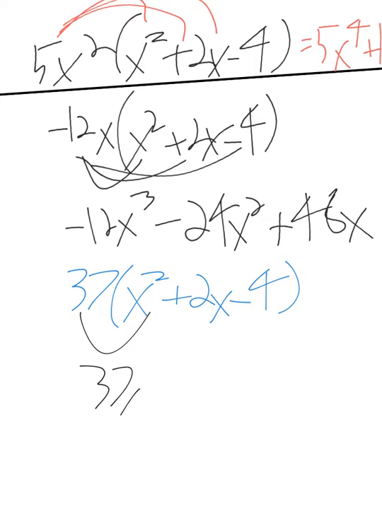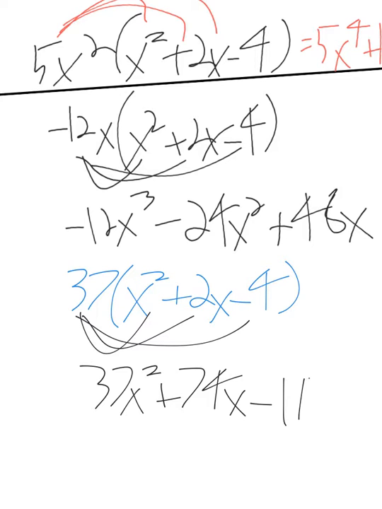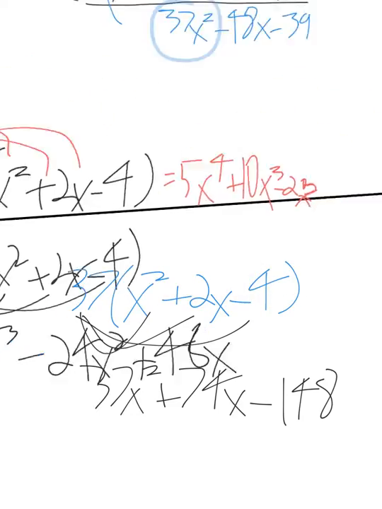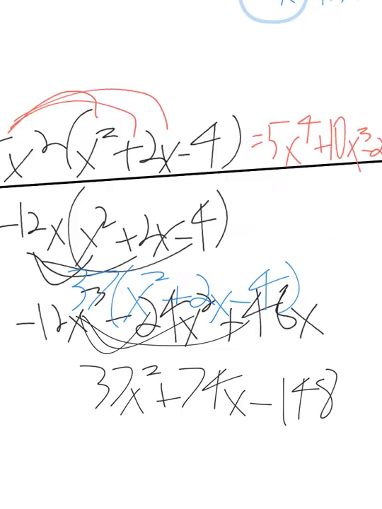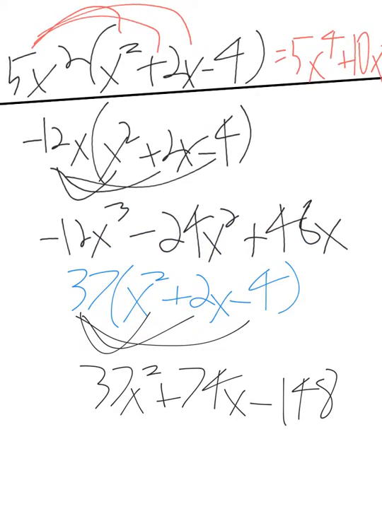So I get 37x squared. 37 times 2x is going to be 74x. And 37 times negative 4 is negative 148. So that's what I'm going to write down underneath my 37x squared. That looks really weird. Let me lock that into place.